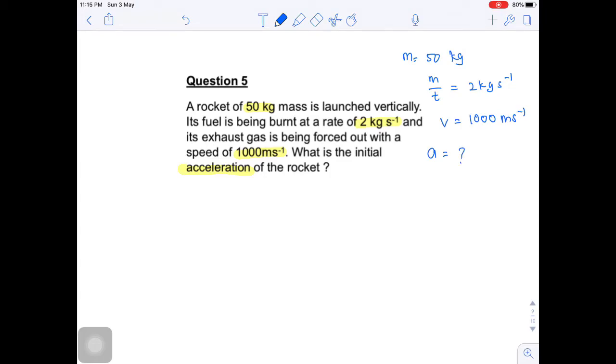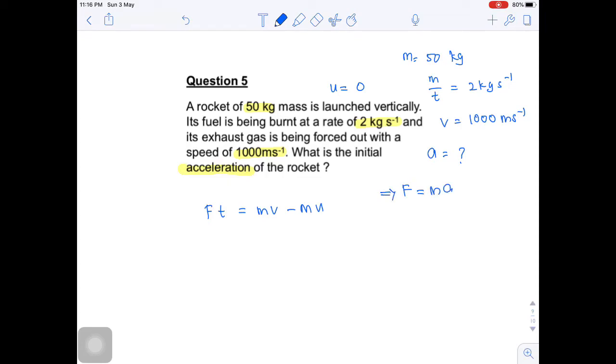As usual, u is 0 because it's launched. Before it's launched means that initial is 0. Okay, so the question asks what is the initial acceleration? Means that we have to use the formula Ft equal to mv minus mu, and for your information, F is equal to ma.